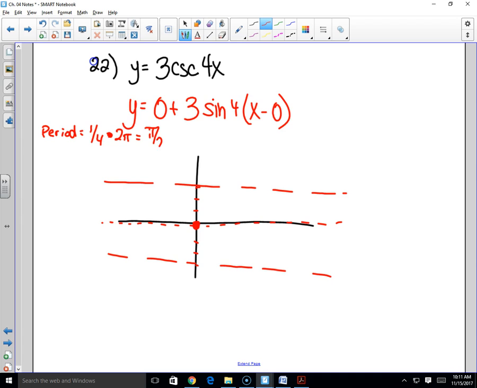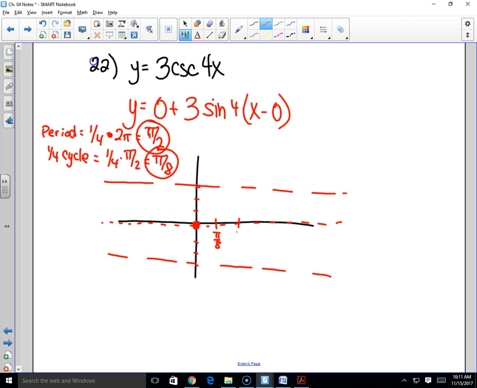Either way, you get pi over 2, which is good and all, but what else should I probably think about? So if I'm repeating every pi over 2, what do I want my units to be? Let's go by pi over 8, yeah? My tick marks will be pi over 8. In 4 of those tick marks, I'll complete a set. So if I'm starting at 0, because my initial point is 0, let's go by pi over 8.